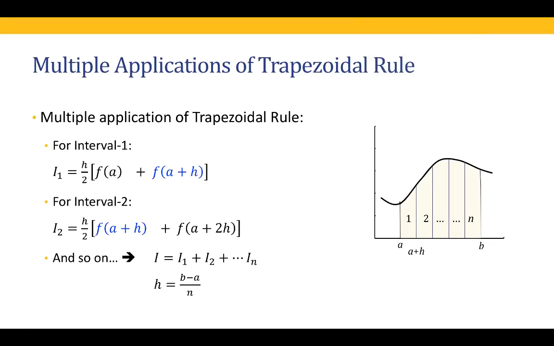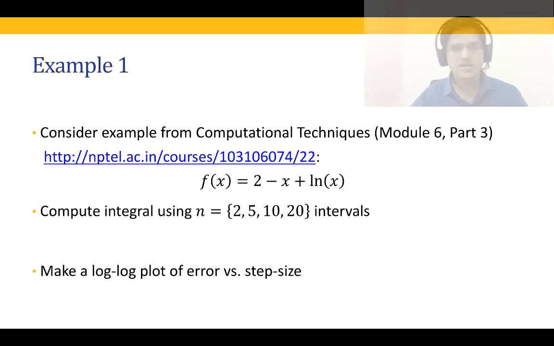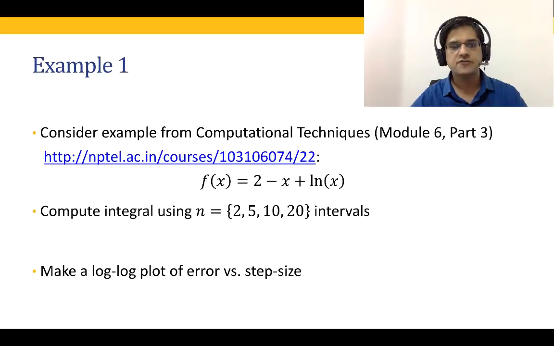What we will do now is go on to MATLAB and solve this using multiple applications of the trapezoidal rule. This is one of the two methods that I will show you in today's lecture for using multiple applications of the trapezoidal rule. Let's consider the example that we had solved in the previous lecture. That was to find the integral of 2 minus x plus ln x.